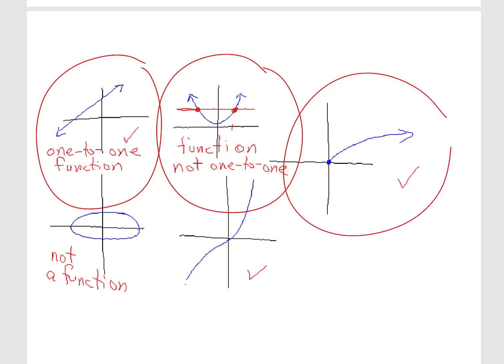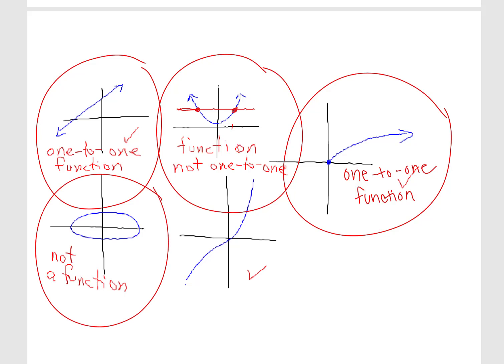Okay, and then on this third one over here, if we did the vertical line test and took a vertical line and just swept it across from left to right, it would be a function. And then if we did the horizontal line test and I just swept a horizontal line down, it would also pass that test. So it would be a one-to-one function. Okay, let's look at this one down here. If I swept a vertical line across that graph, it would not be a function because it's touching 2 points, meaning that at that x, there are 2 outputs.